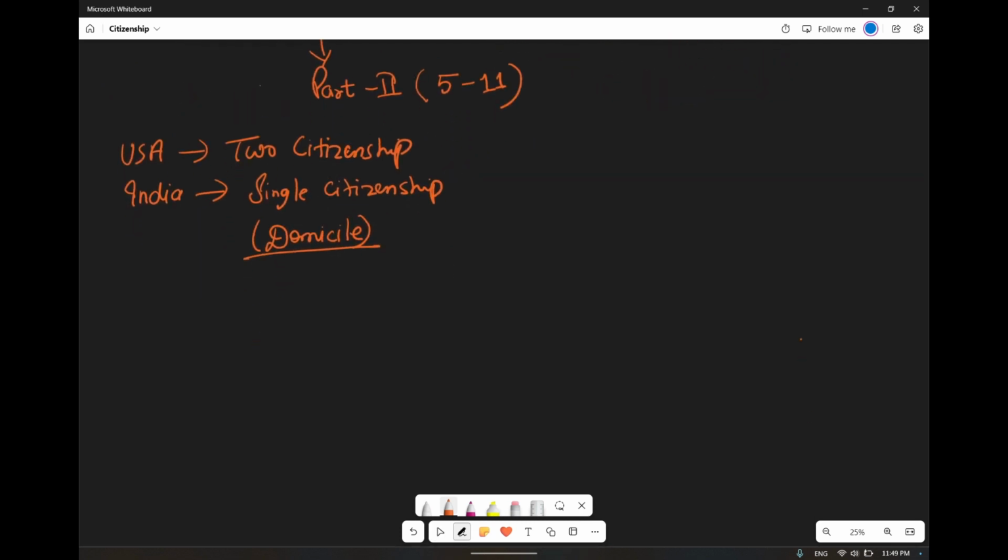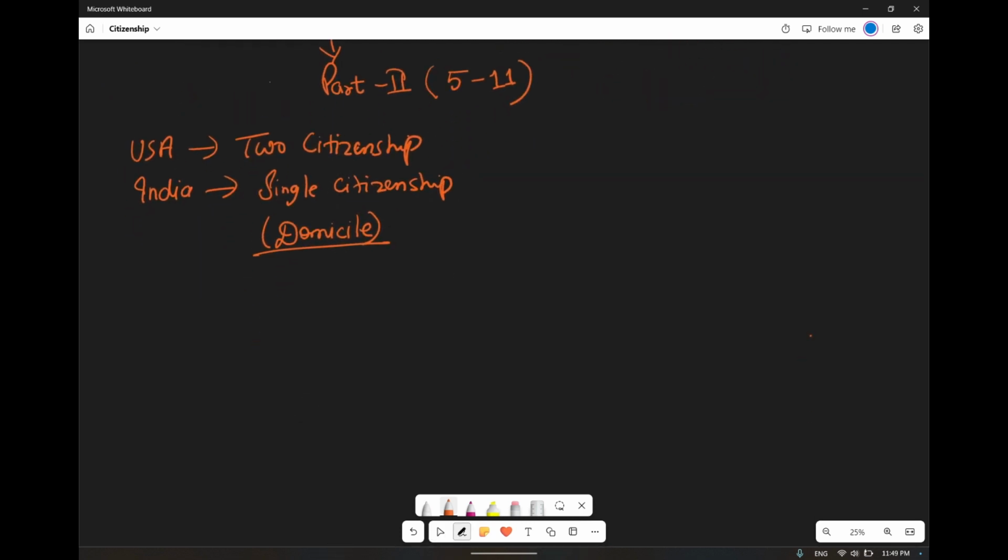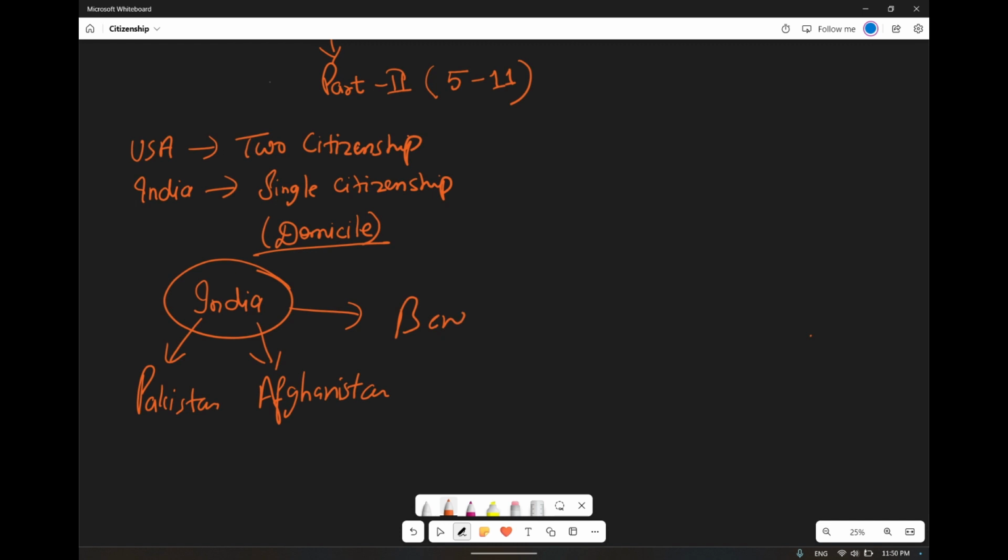India was divided, bifurcated into many parts. If we consider today's scenario, that can be Pakistan, Afghanistan, Bangladesh, Myanmar and so on.